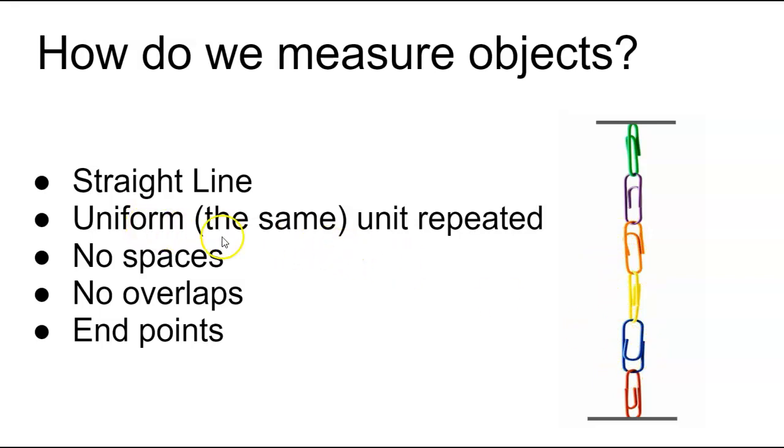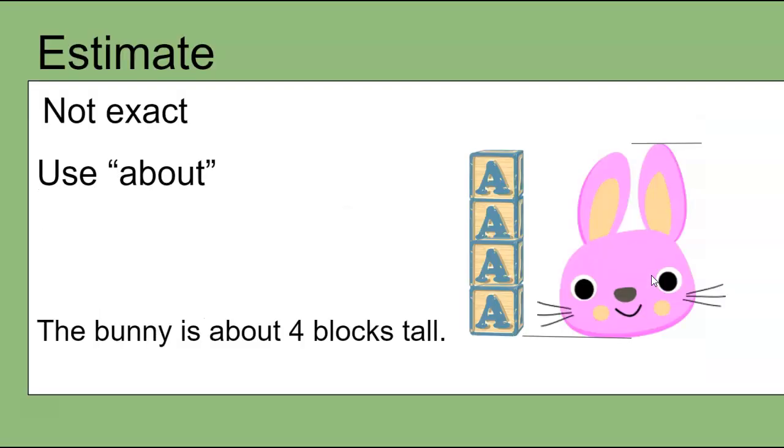So uniform means the same, and you are using the same unit over and over and over, okay? You're not going to have any spaces. You're not going to have any overlaps. And I'll show you that a little bit later too when we practice.